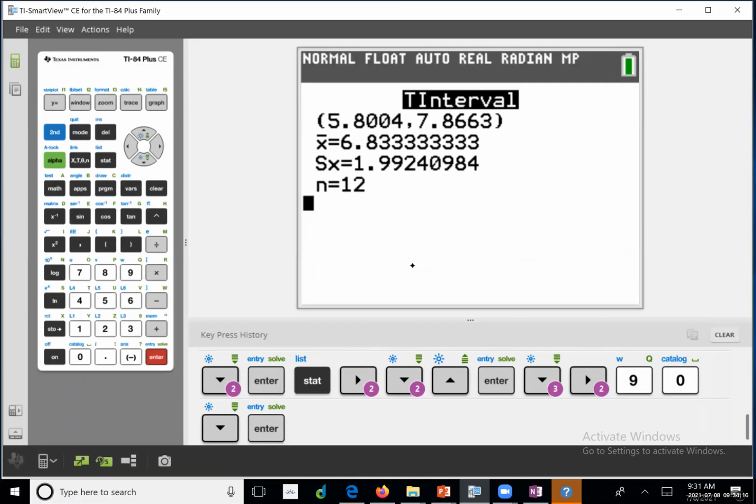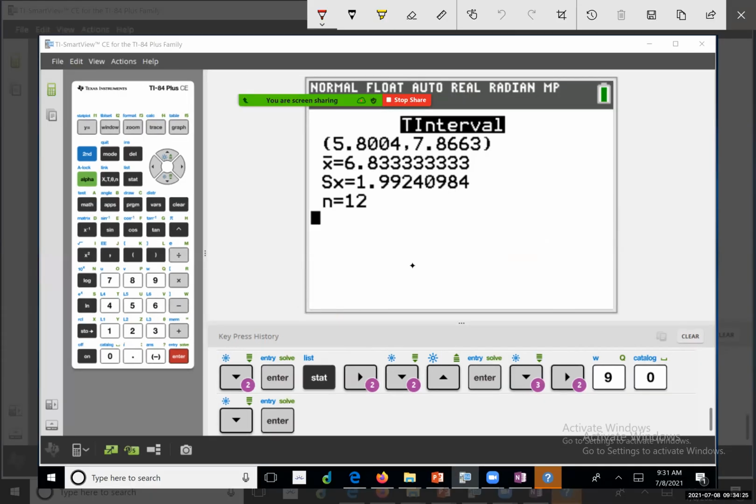Okay, and how do I know 90%? Because they said compare with 5% in the question. How do I know 90 again? Because they said alpha is 5%, and I know the claim was less than 7 hours, I would say 1 minus 2 alpha if it's right tail or left tail, and that's 0.90 when you replace alpha by 0.05.